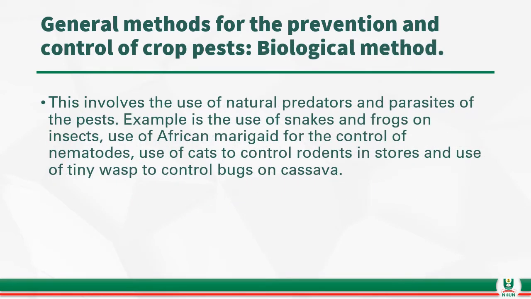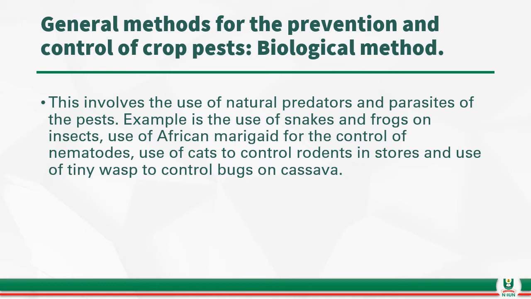Another method is the biological method, and this involves the use of natural predators or enemies and parasites of pests. You know, using animals to control insects. For example, the use of snakes and frogs on insects. Snakes and frogs will eat insects, but they cannot eat plants.